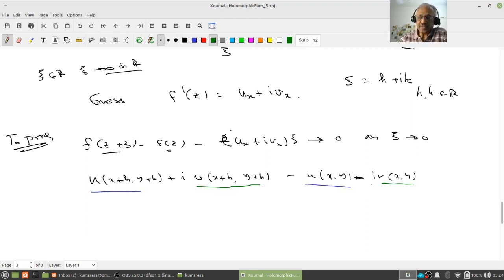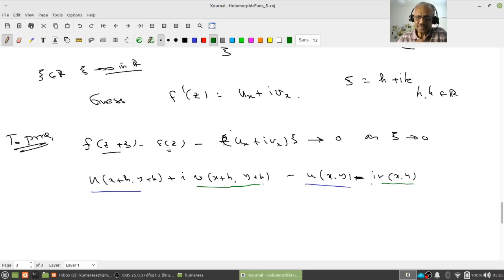Now remember, when I write here, this is all just thinking. Don't go into the proof yet. When I write u of (x plus h, y plus k) minus u of (x, y), then I know on the right side I have ux and uy times something. Similarly for v of (x plus h, y plus k) minus v of (x, y), I will have vx times something plus vy times something.